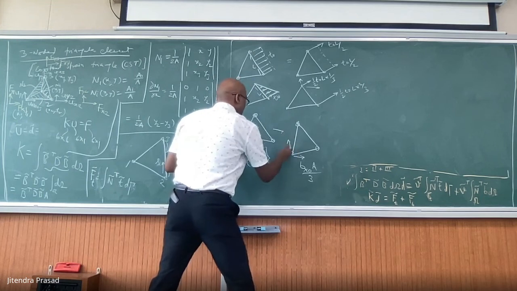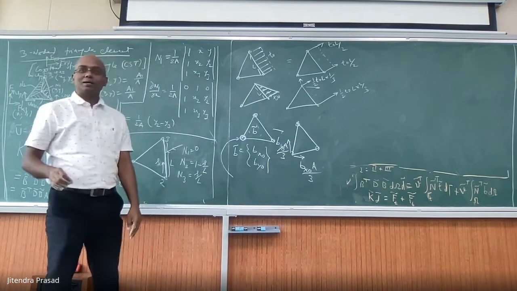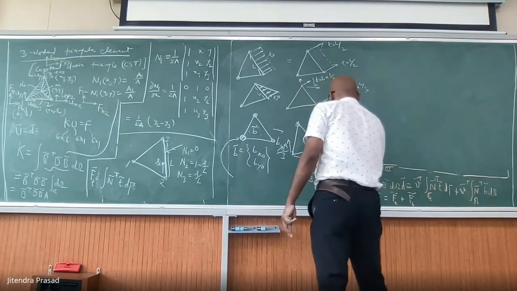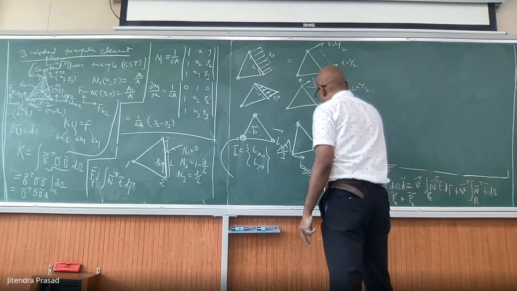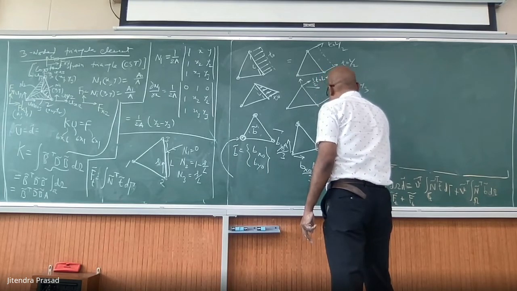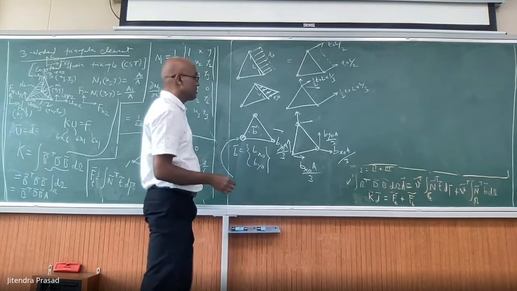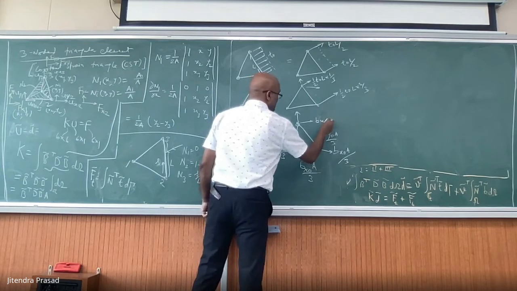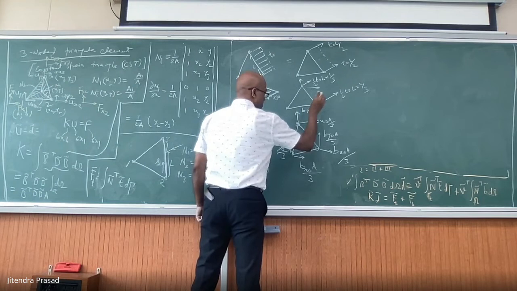This will be By naught times the area divided by 3, and so on, right? Bx naught A, everywhere it will be the same. By naught A divided by 3. So it's constant, and this will be equally distributed. Bx naught A divided by 3, By naught A divided by 3.